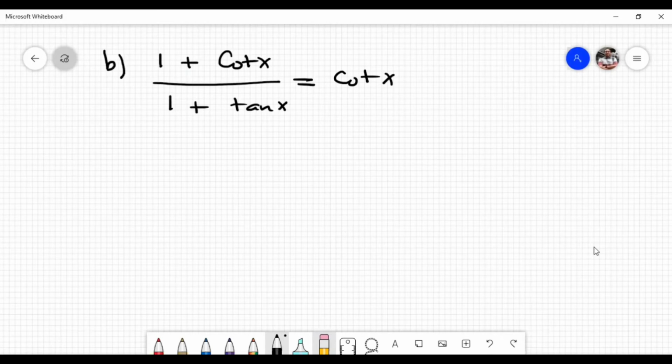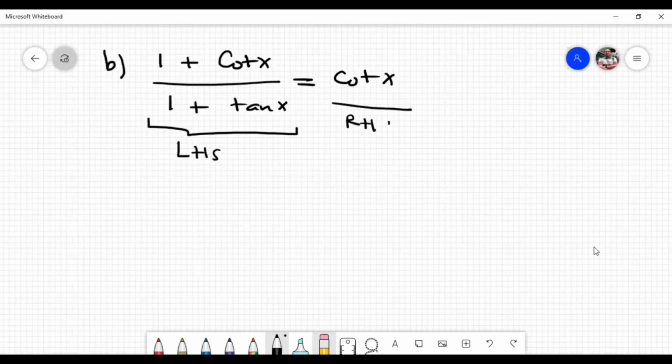Once again, this is our left hand side and this is our right hand side. Since you see here, the left hand side is the unique one, so I take this and we try to simplify this into the right hand side. We prove whether it is the same or not. Then we start with this.